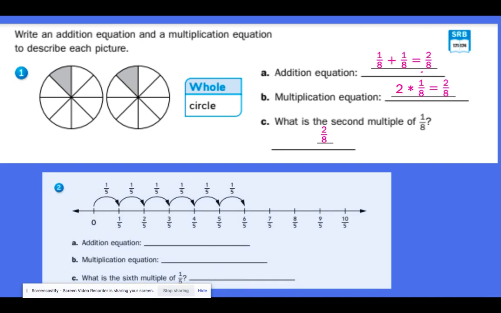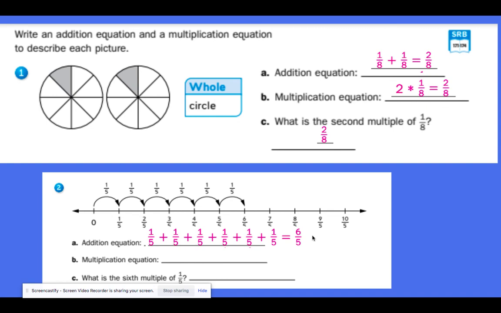All right, let's look at number 2. So number 2, we have a number line here, right? And it looks like we're counting by fifths. So we have 1/5, 2/5, 3/5, 4/5, 5/5, 6/5. So what does that look like as an addition equation? Well, you're adding 1/5 6 times, to get 6/5.